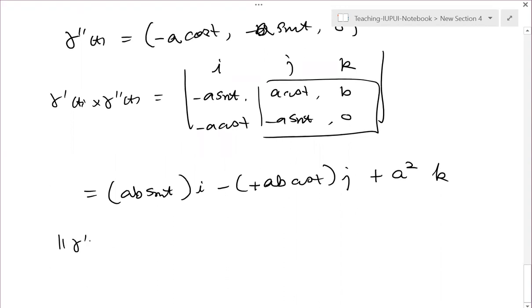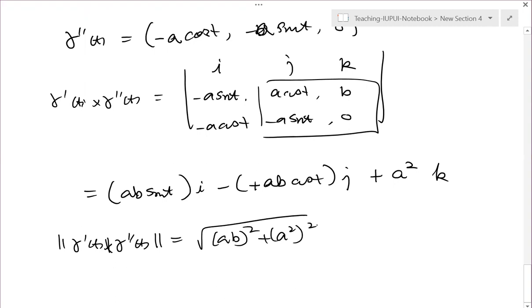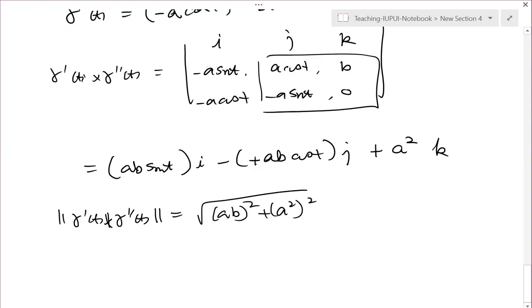So the length of this vector is going to be the square root of a squared b squared plus a to the fourth.